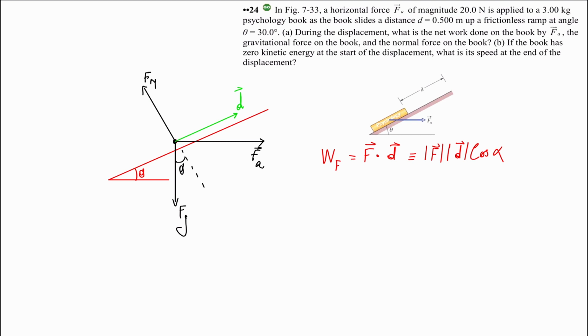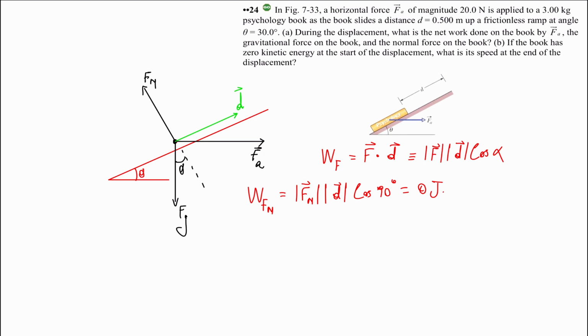And what is the angle between them? It's going to be 90, because the displacement is up the ramp and the normal force is perpendicular to the ramp. So the work done by the normal force is the magnitude of the normal force times the magnitude of the displacement vector times cosine of 90, and we know that this is 0 joules.